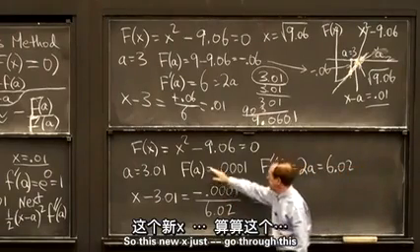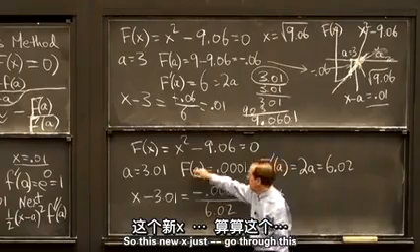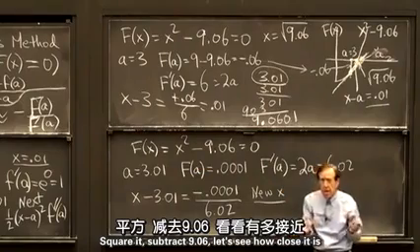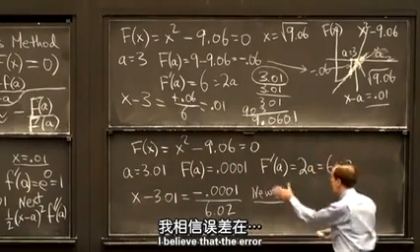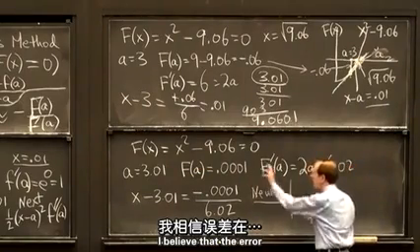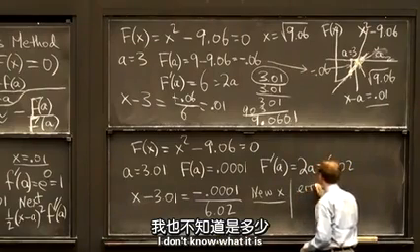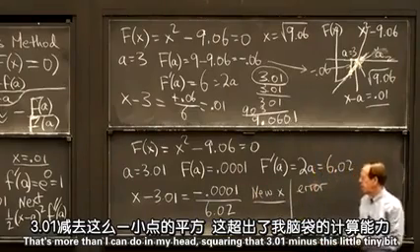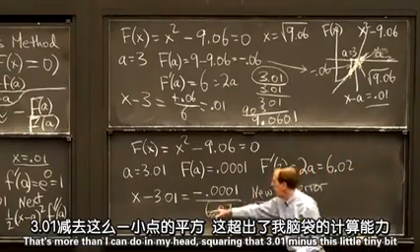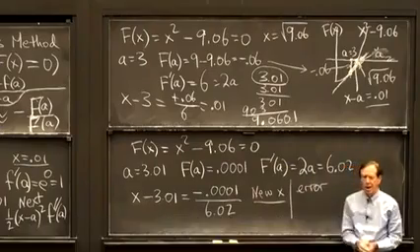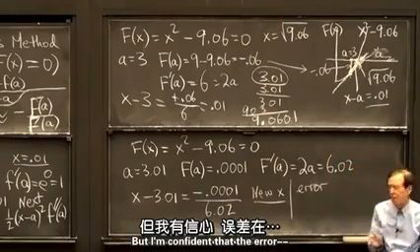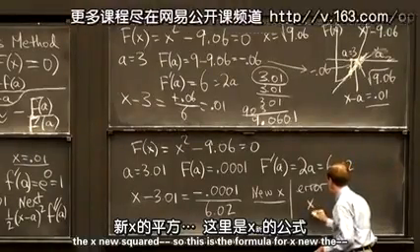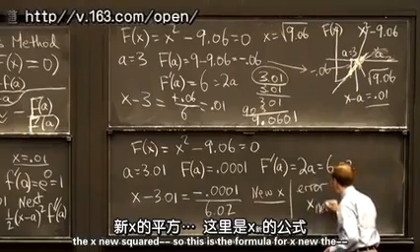So this new x, let's then just go through this. Find the new x, square it, subtract 9.06. Let's see how close it is. I believe that the error, I don't know what it is. That's more than I can do in my head, squaring that 3.01 minus this little tiny bit. But I am confident that the error, the x new squared.